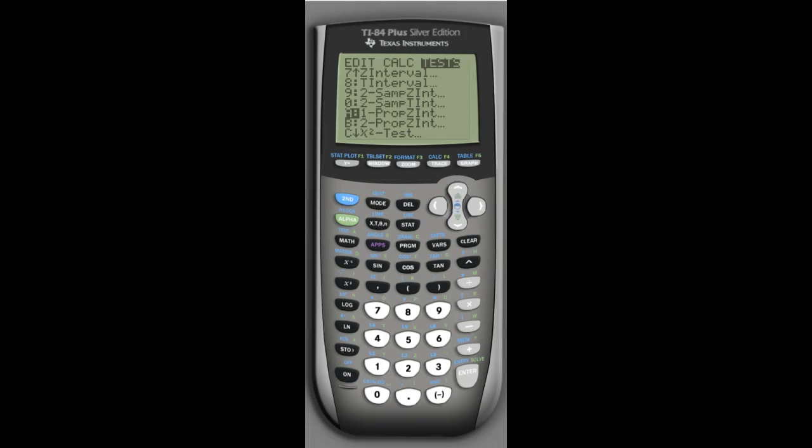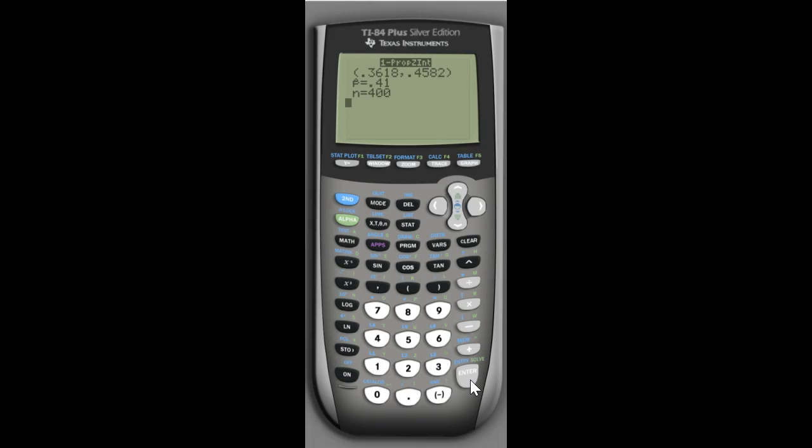There it is. 1 proportion Z interval. I had in my example that we had 164 people say they were voting for candidate A out of 400 people on a 95% confidence interval, and it yields that between 36% and 45% are going to vote, which means that 40 is on that interval.